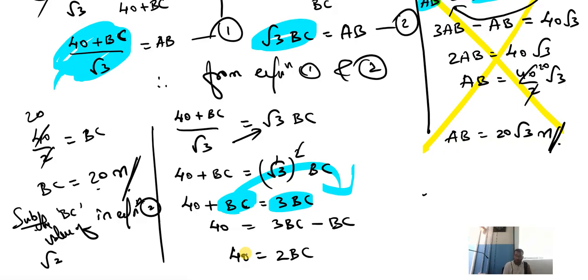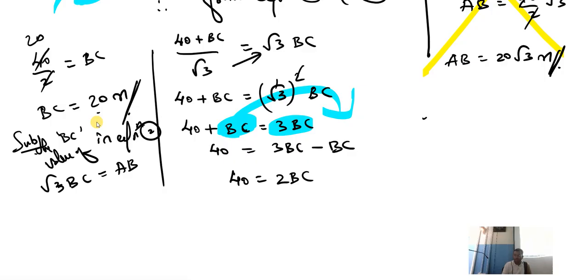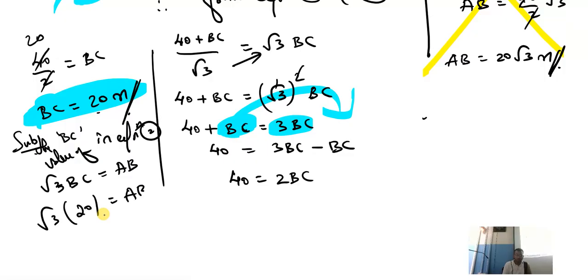Root 3 BC is equal to AB. Now what is the value of BC I got? 20. Shall we substitute here? So root 3 into 20 is equal to AB. That's nothing but AB is equal to 20 root 3 meters.